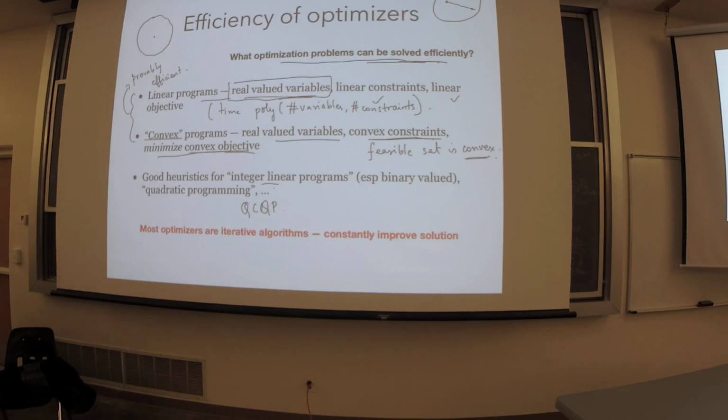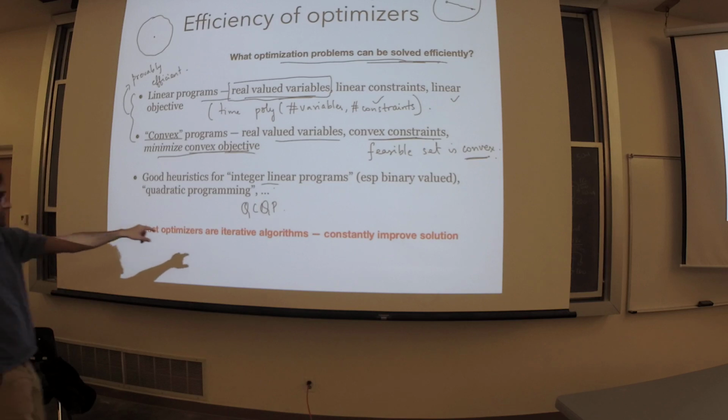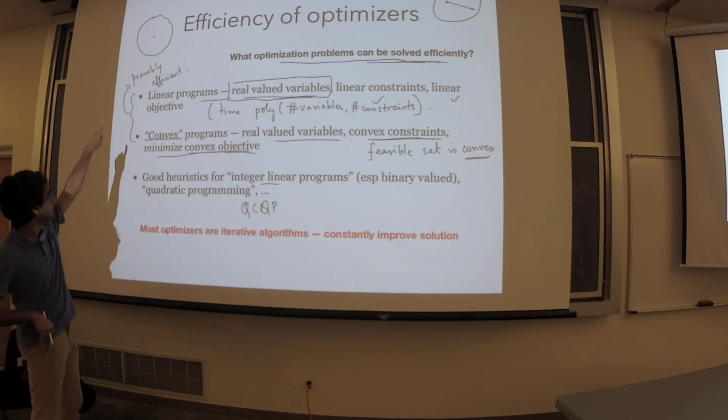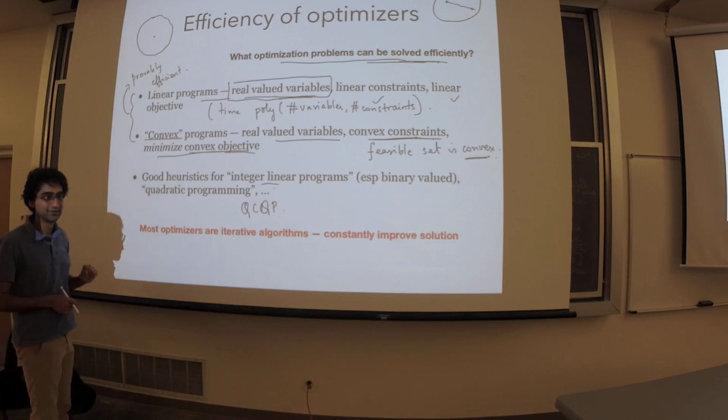Okay, so again, there are a lot of heuristics that people have studied for these kinds of problems. So in general, if you can phrase a problem with simple enough constraints, chances are you should be able to feed them to a solver and get a reasonable solution. Okay, but we are not always guaranteed. The only ones for which we are guaranteed are linear programs. Okay.